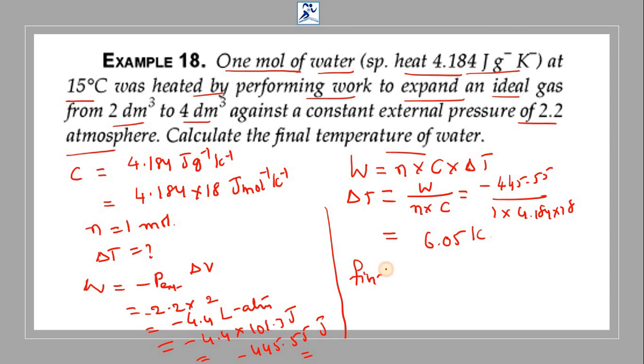So what is the final temperature? You will get the answer 294.05 Kelvin.